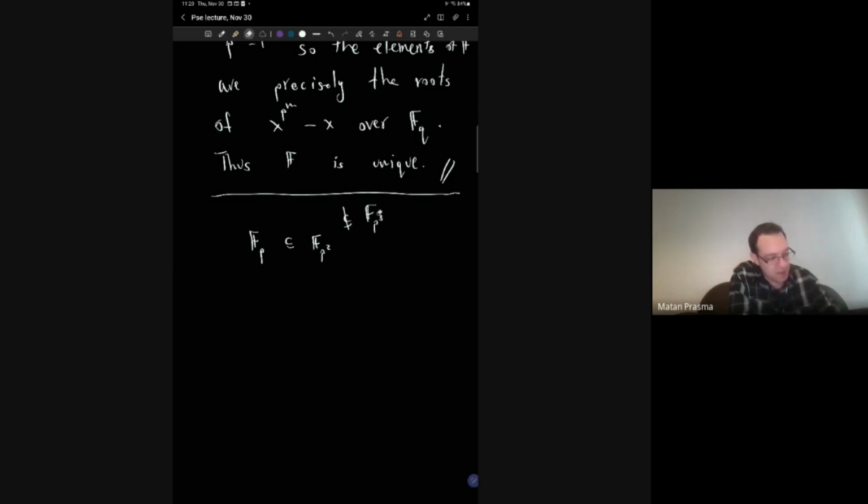So instead, I do F_{p^2}, and it is included in F_{p^(3!)}. Of course, (n minus 1) factorial always divides n factorial. So I have this tower, and this can go to infinity.